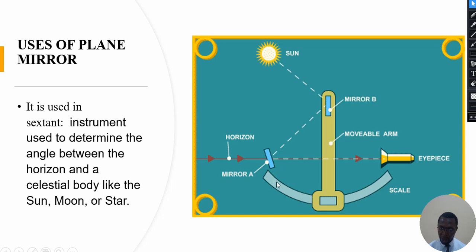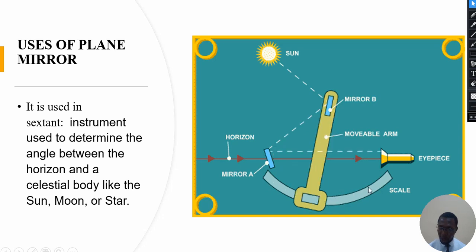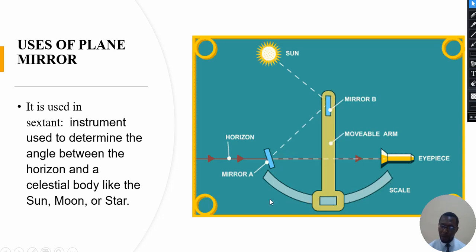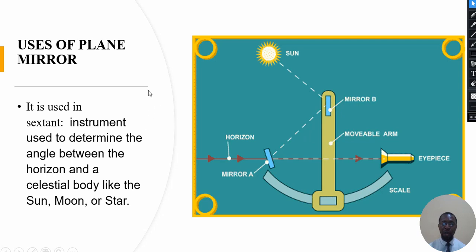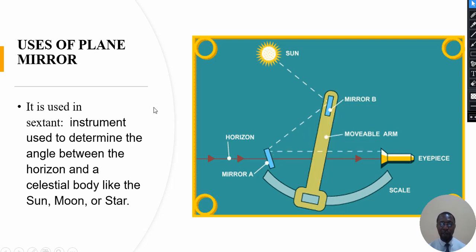There's the scale here. This scale now gives all the angles that are being measured. So that's how the mirror is being used in inventing the sextant.